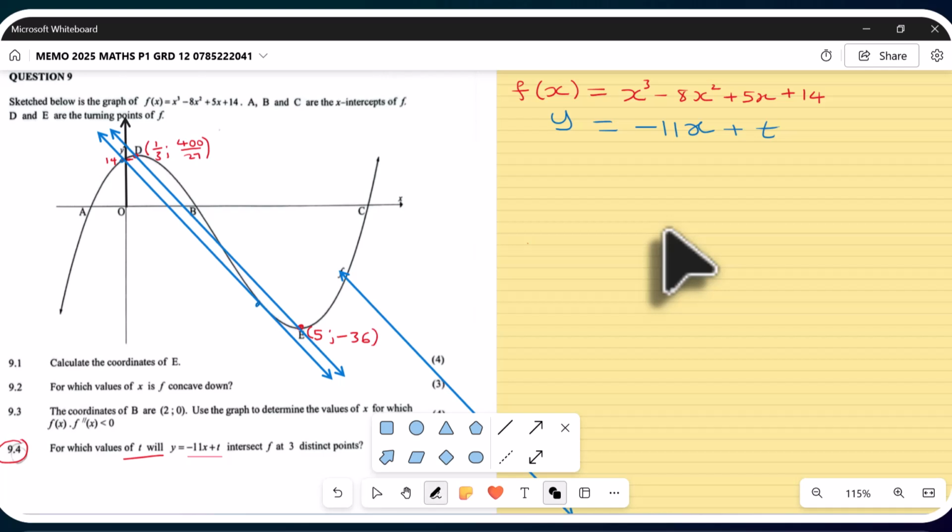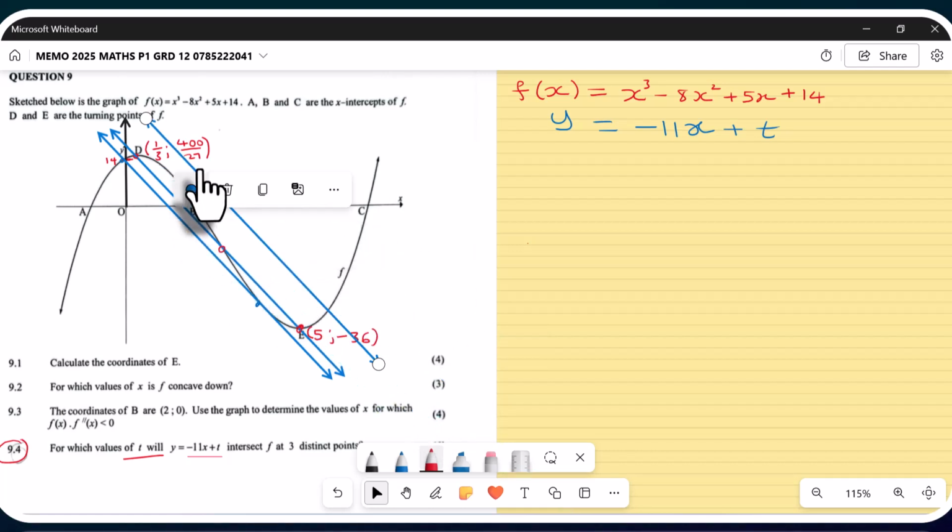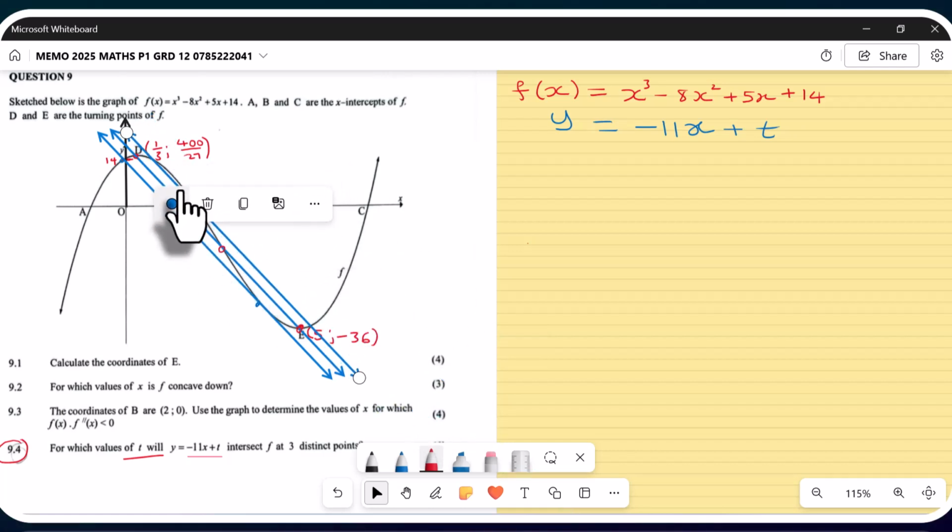What do we have to say now? Where the line is touching, check here. The values of t you're talking about are going to be from this 14 here going upwards. So in between 14 and going upwards. But at the point of contact, like here and here, what do we know? That the two functions must be equal. This is y equals negative 11x plus t altogether. So they are equal, and I'm going to equate the two functions.